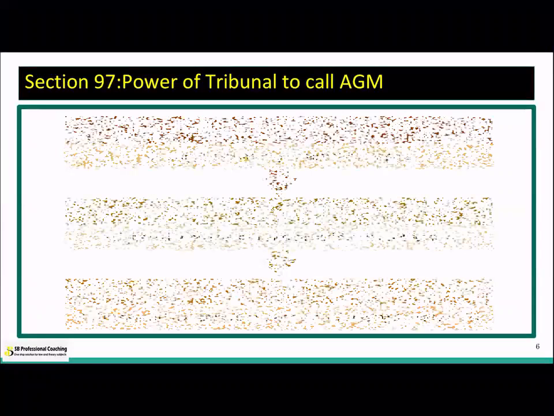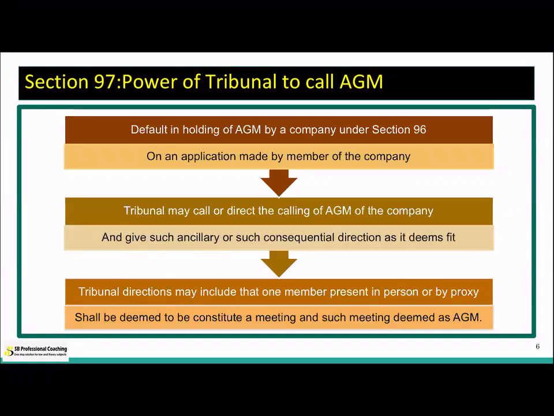So, in case a company defaults in holding of AGM under section 96, then on application made by a member, only a member of the company, the tribunal may call or direct an AGM of the company and give such ancillary or consequential directions.